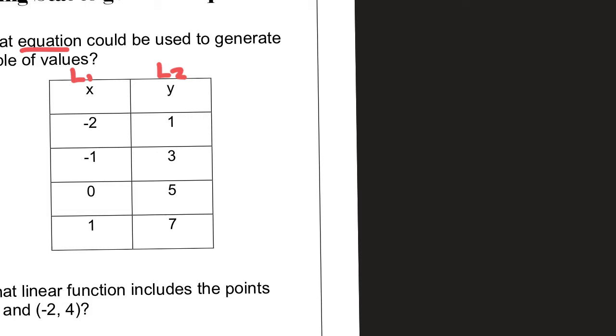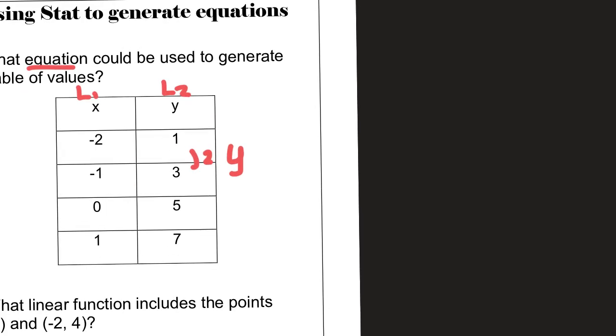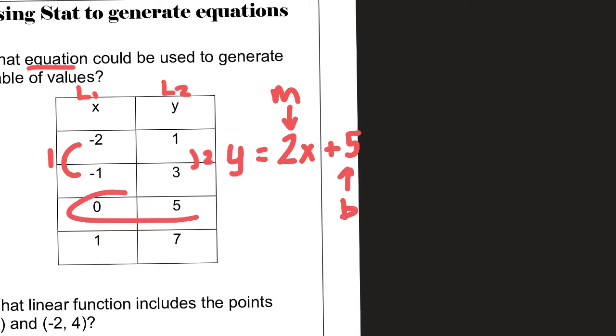In this case, you can see that it has a rate of change of 2 each time as you find the change in y over change in x. After you use the stat function, you can find out that the equation of this line is y equals 2x plus 5. Remembering that the 2 is the slope and the 5 is the y-intercept, or the b, which is located right here.